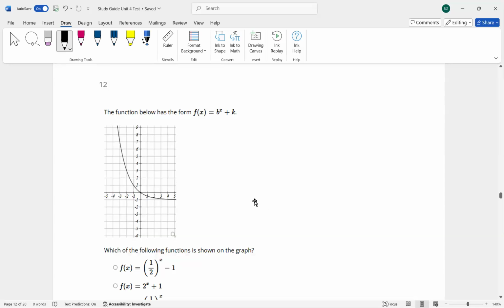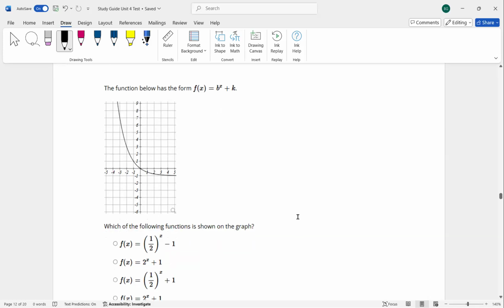Number 12, the function below has the form f of x equals b to the power of x plus k. This makes it a lot easier because the structure of the function is given. Basically, the mother function of the exponential function is shifted vertically, up or down by k units, depending on whether k is positive or negative. If k is positive, go up. If k is negative, go down. So only a vertical shift.